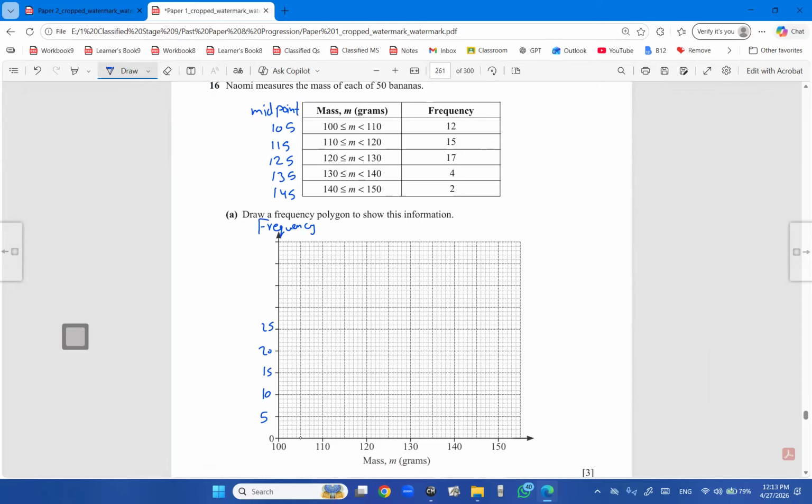So 105 is here. Up until 12 is here. And then I got 115 until 15, and 125 until 17.